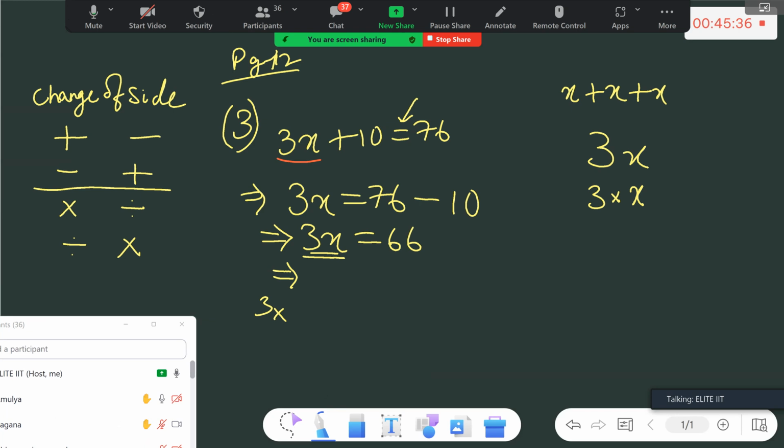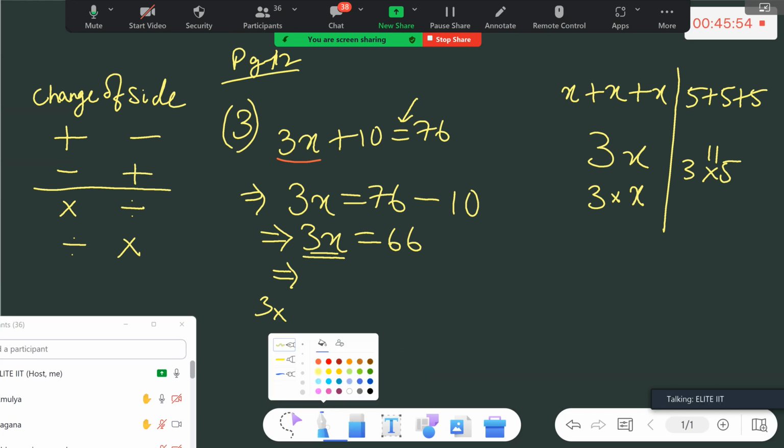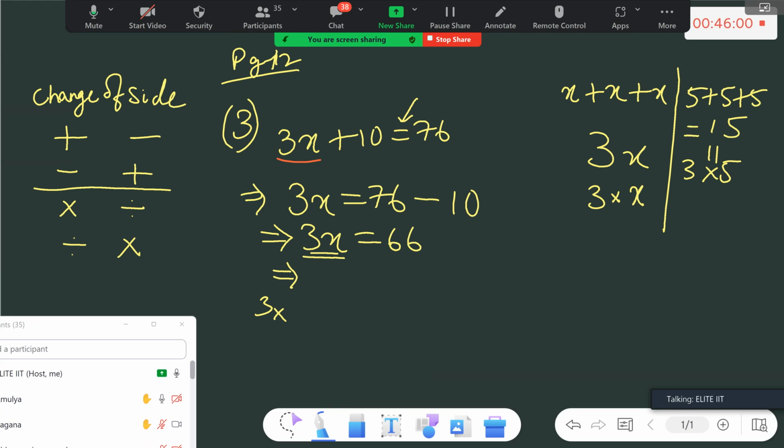So now see, for example, I ask you, Amulya, what is 5 plus 5 plus 5? 15. Now, it is the same as 3 into 5, isn't it? So instead of counting 5 plus 5 plus 5, we can do 3 into 5, because there are 3 fives there.